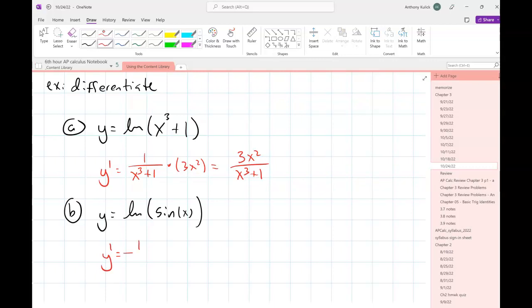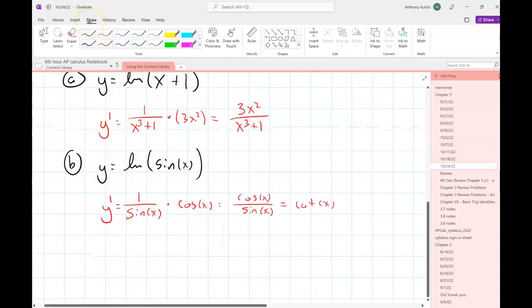So when I differentiate the outside, I have 1 over the inside times the derivative of the inside, which is cosine. So if I multiply those together, I have cosine x over sine x, which is cotangent. That's our best answer.